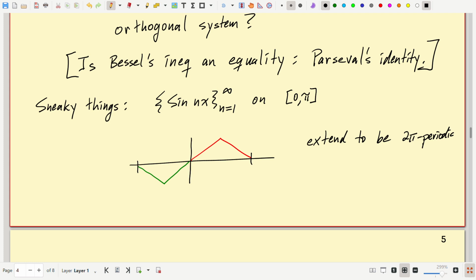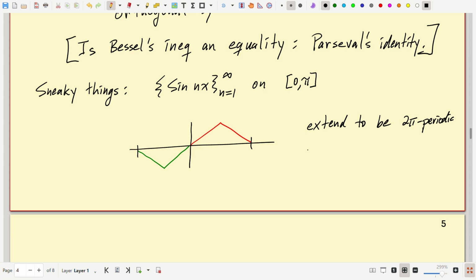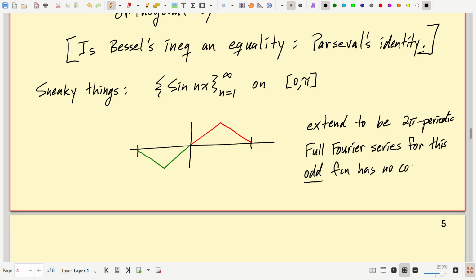So extend to be 2 pi periodic. And then the full Fourier series that we studied and understood for this odd function has no cosine terms. That was an easy calculation.